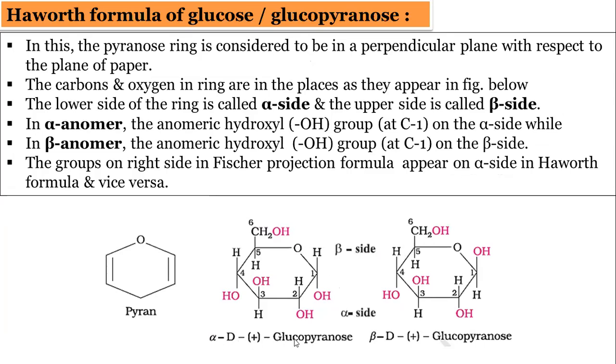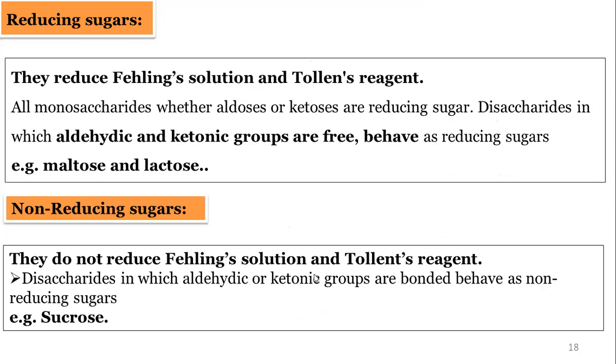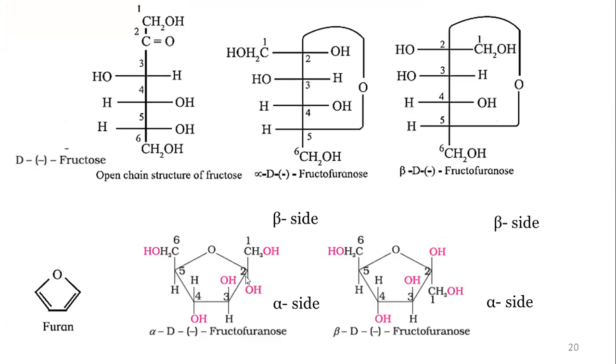That's why it is alpha D glucopyranose and this is beta D glucopyranose. In glucose, carbon number 1 is the anomeric carbon, and in fructose, the second carbon is the anomeric carbon. OH below is alpha, OH above is beta.